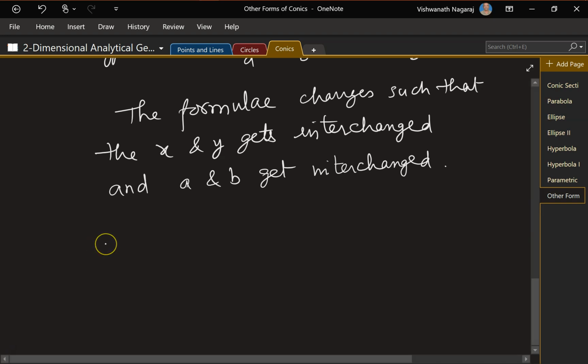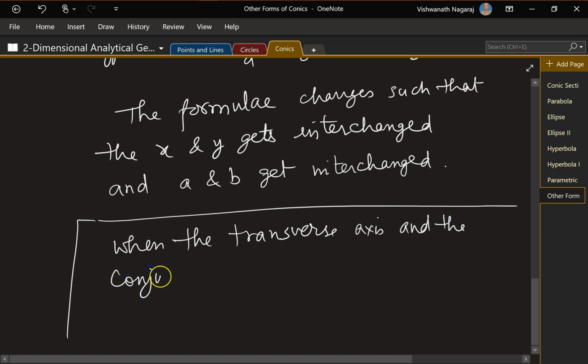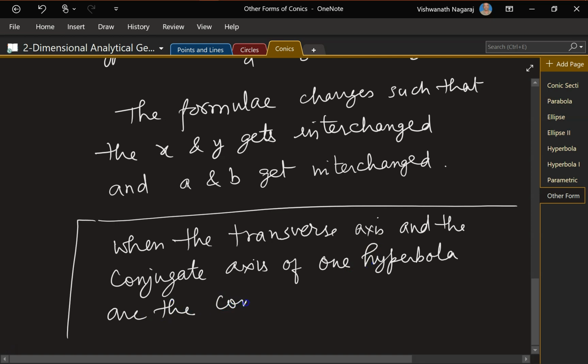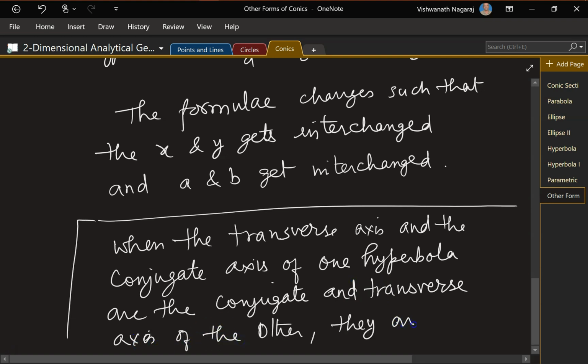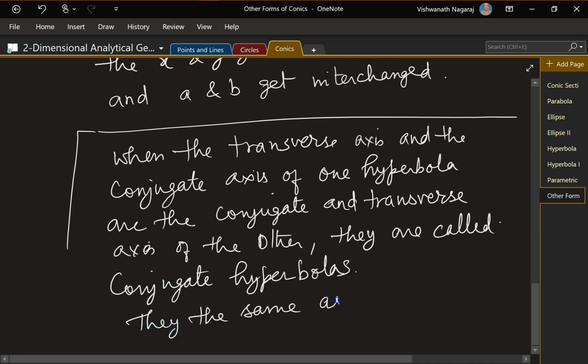Now, in the case of the hyperbola, there is one additional thing that comes into the picture. When the transverse axis and the conjugate axis of one hyperbola are the conjugate and transverse axis of the other, they are called conjugate hyperbolas. They have the same asymptotes.